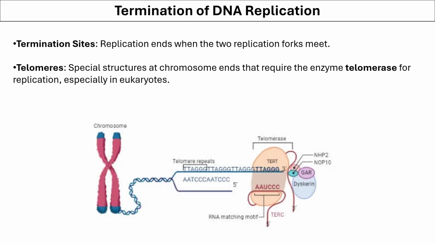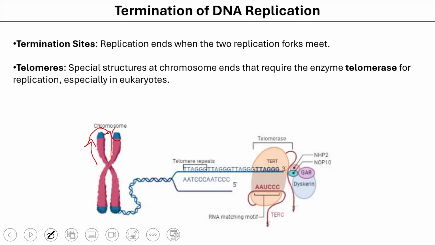After the successful completion of elongation of the DNA strand and proofreading, the DNA replication has to stop. DNA replication occurs in both directions and stops wherever the two replicating strands meet. That is the termination site for DNA replication.